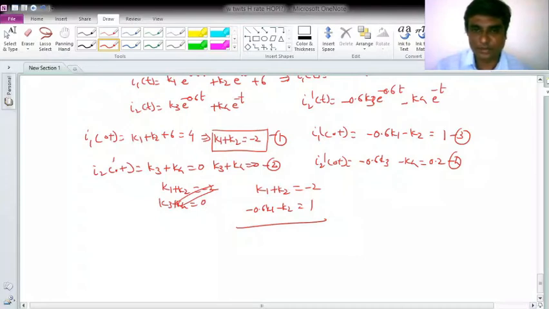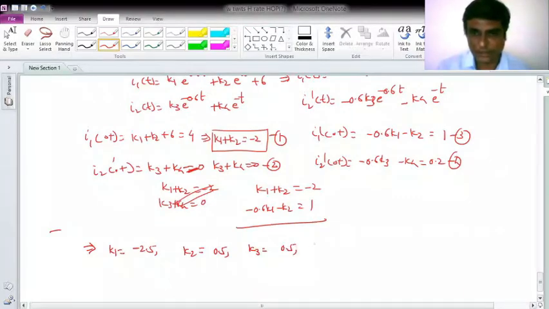Okay, so if you solve, let me directly write here, k1 will be minus 2.5, k2 will be 0.5, k3 will be 0.5, and k4 will be minus 0.5.